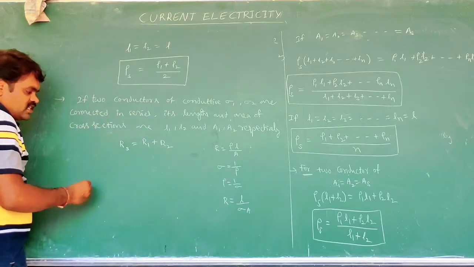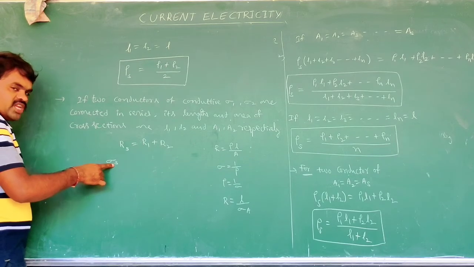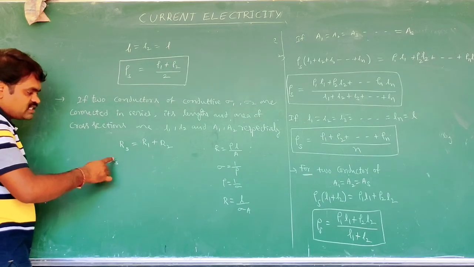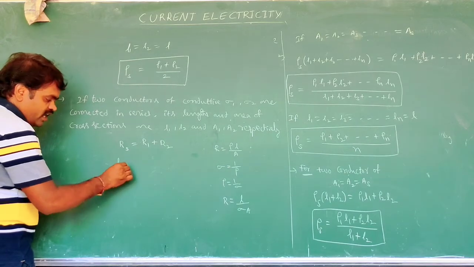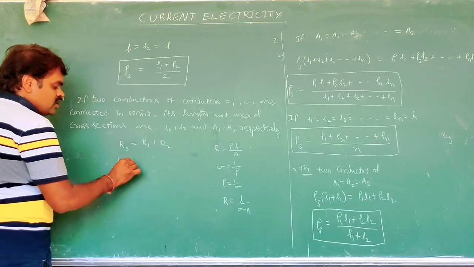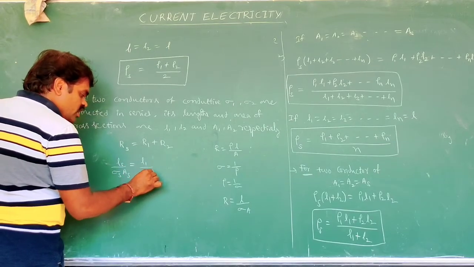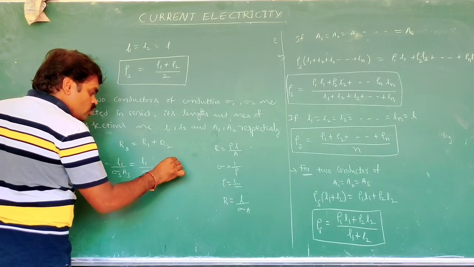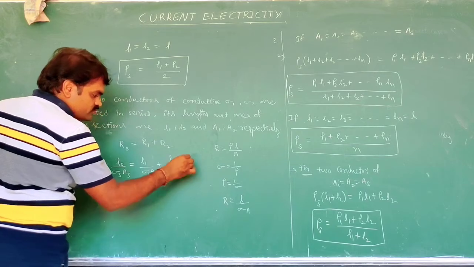Now we substitute in the series combination, sigma S, the conductivity in the series combination of the conductors. R S is L by sigma S into As, which is equal to, this is also right, L1 by sigma 1 A1 plus L2 by sigma 2 A2.